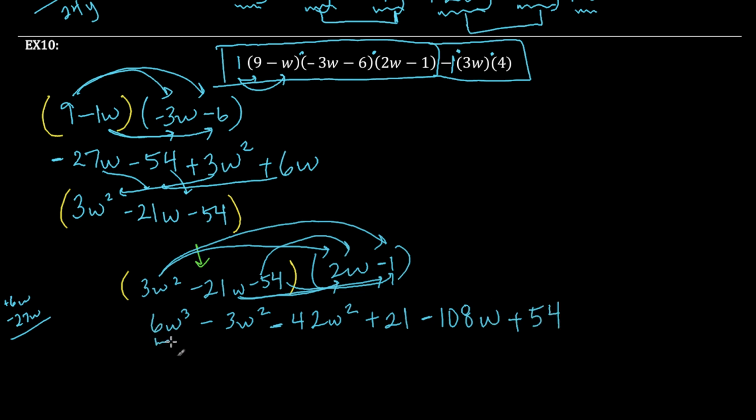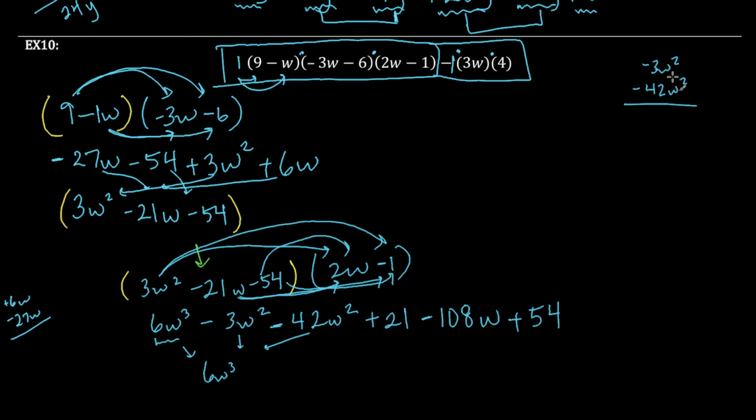Okay, so let's combine these. 6w to the third, there's no more. And then we have these w squareds. Negative 3w squared minus 42w squared. We're combining them, not multiplying. So I have negative 3w squared and negative 42w squared.